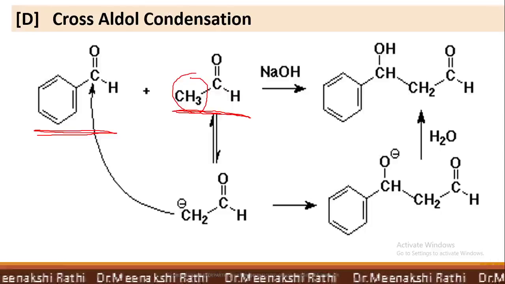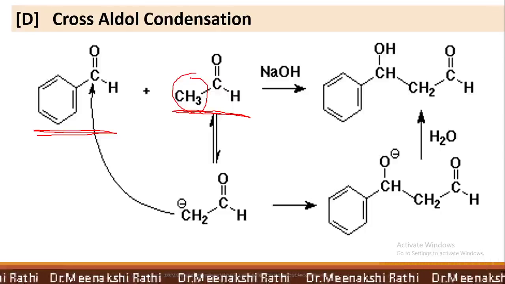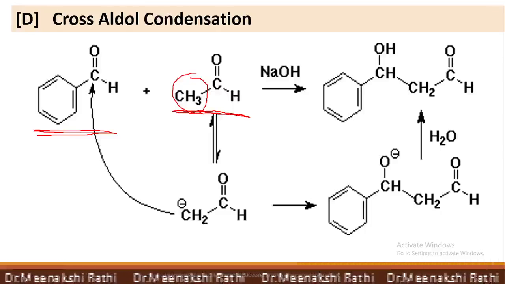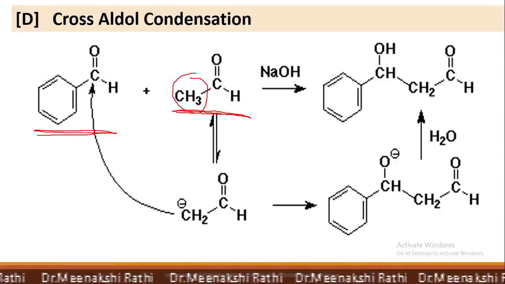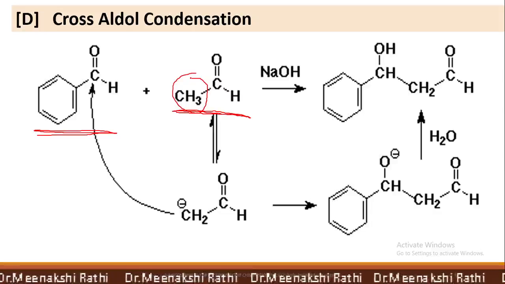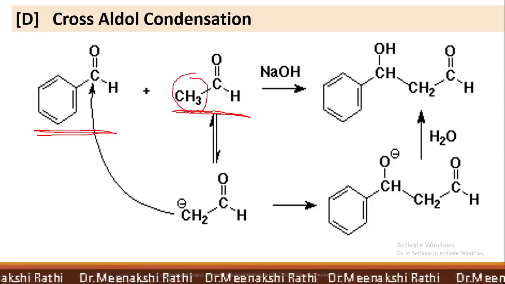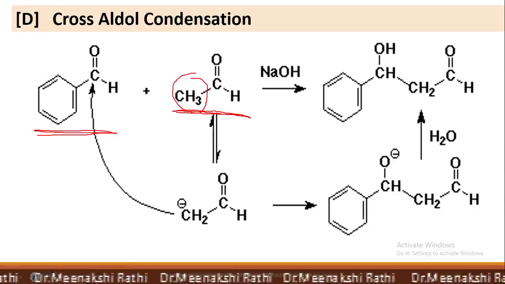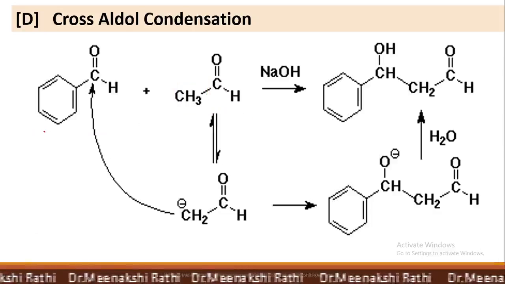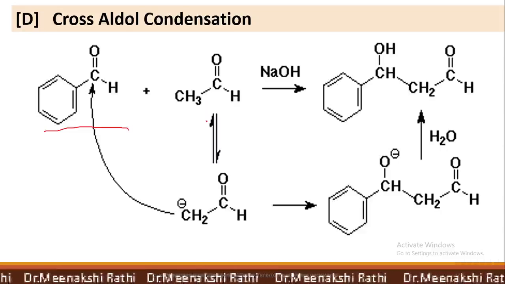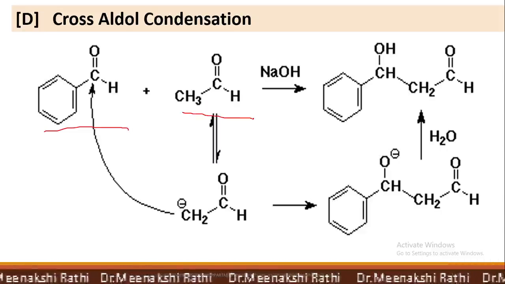In this case, we can get only 1 product, not a mixture of 4 products, and that is in good yield. So in this case, how does the reaction take place in cross aldol condensation? Benzaldehyde cannot undergo aldol condensation, but acetaldehyde can.